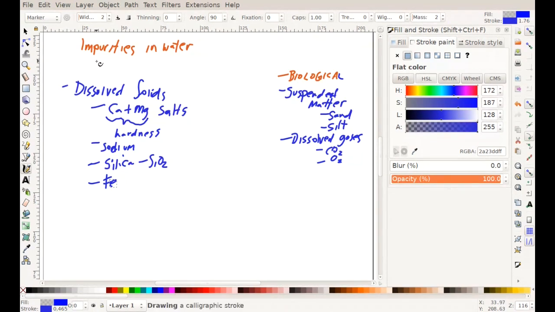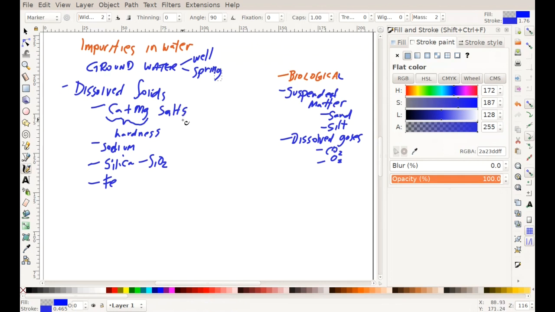So if I've got groundwater, and groundwater basically comes from a well or from an underground spring, we're going to be more likely to find various dissolved solids because the water has resided within a geological formation that has things like limestone, and limestone is where we get the calcium and magnesium from.